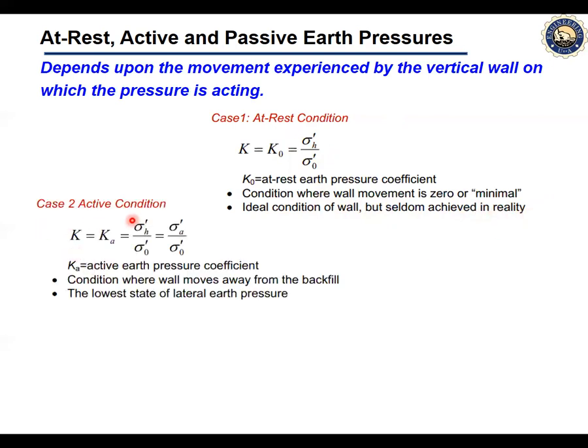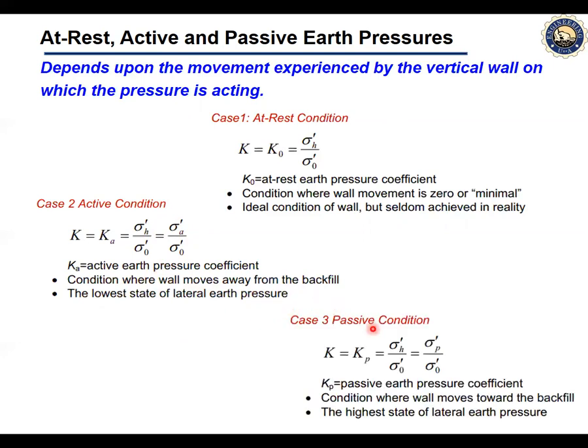Second one is the active condition, which is expressed by K with a subscript A, the relationship between the horizontal effective stress and the vertical effective stress, but when it is active, we represent the horizontal stress by sigma A prime. Conditions where the wall moves away from the backfill, the lowest state of lateral pressure.